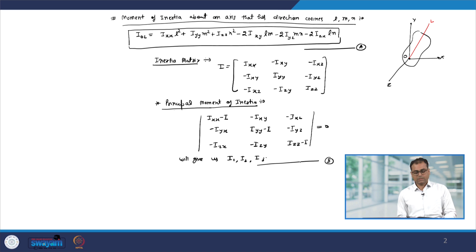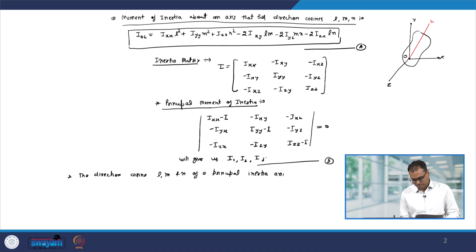So, now we have the principal moments of inertia. Then the direction cosines L, M and N of a principal inertia axis for each I are found as follows.